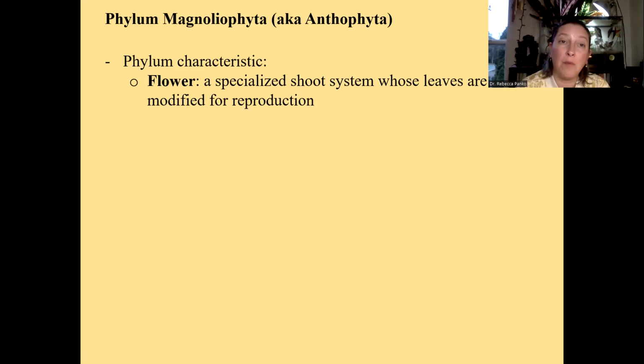So for phylum Magnoliophyta, the phylum characteristic is the flower. Every species will bear a flower. And a flower is a specialized shoot system whose leaves have been modified over time for reproduction. So they're part of the shoot system.